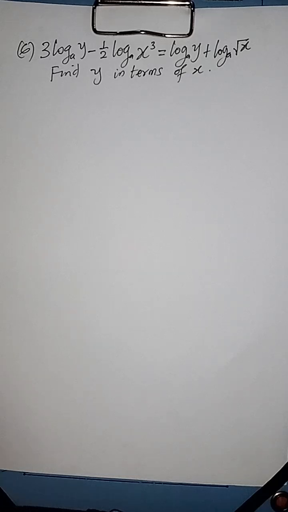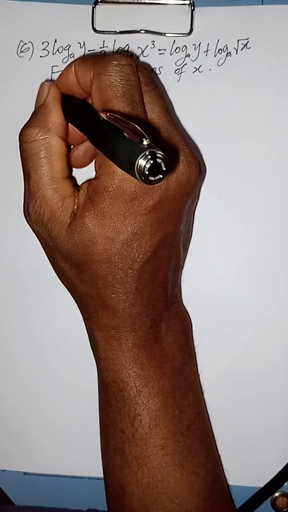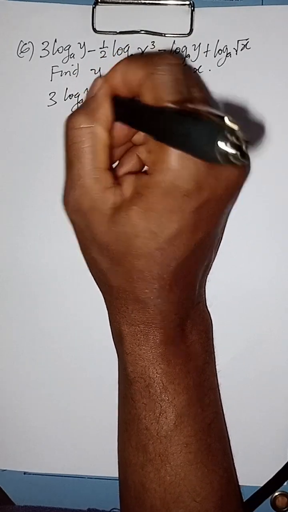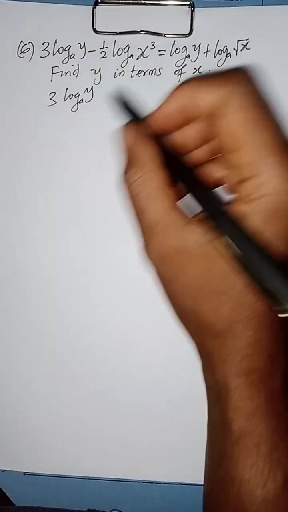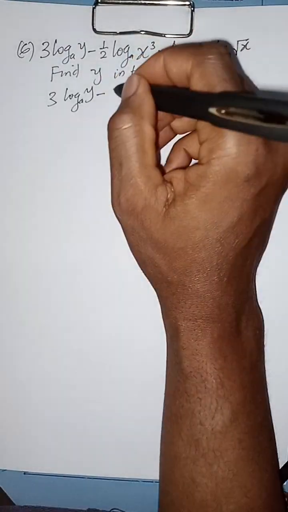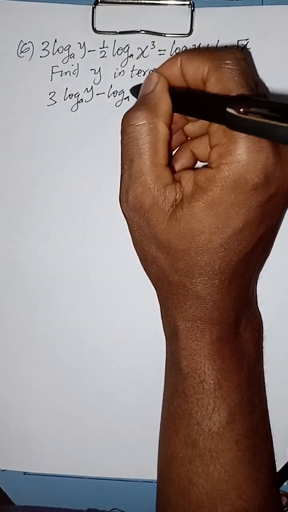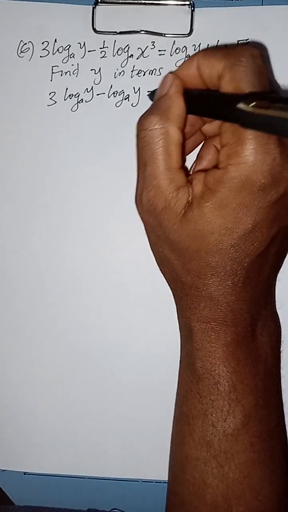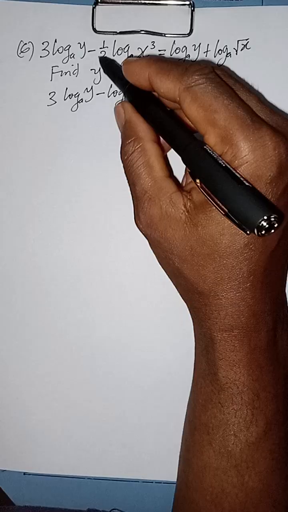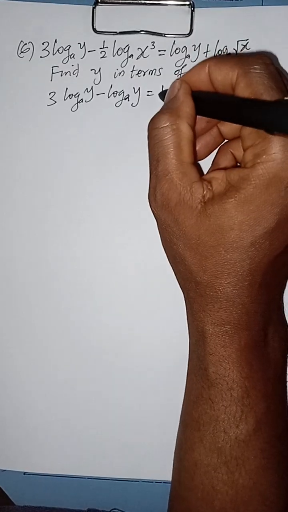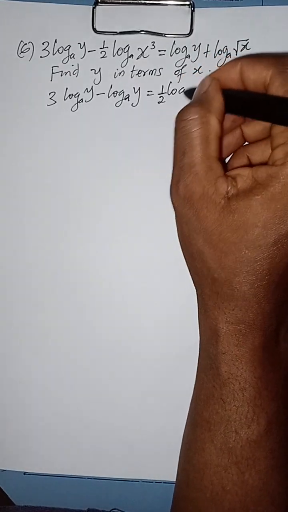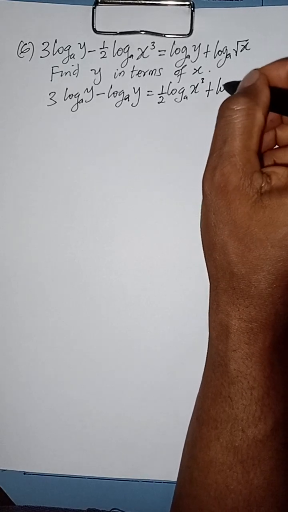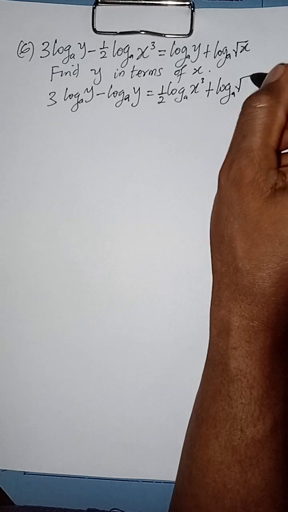Collect like terms. If I do that, I'm going to have 3 log y, this log y will move to this side and become minus log y, equal to, this minus will move and become plus half log x raised to power 3 plus log square root x.